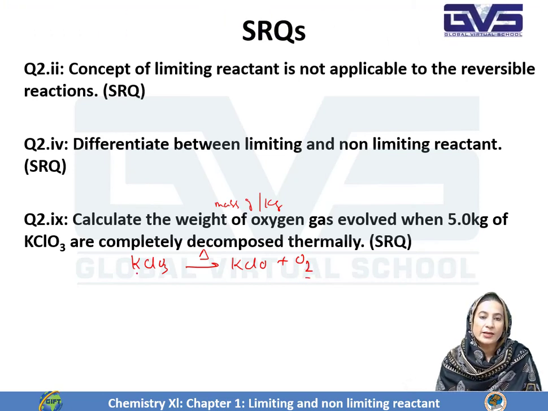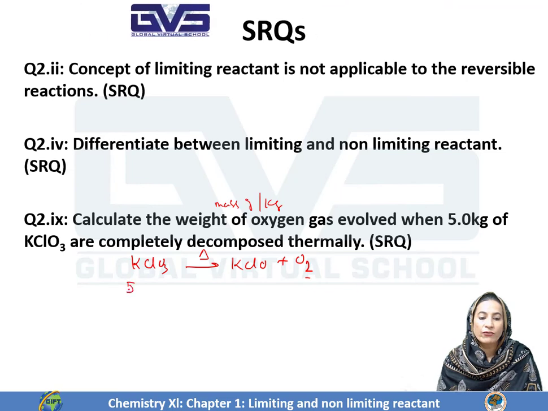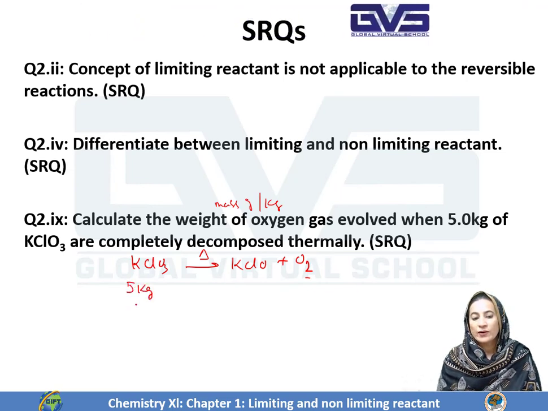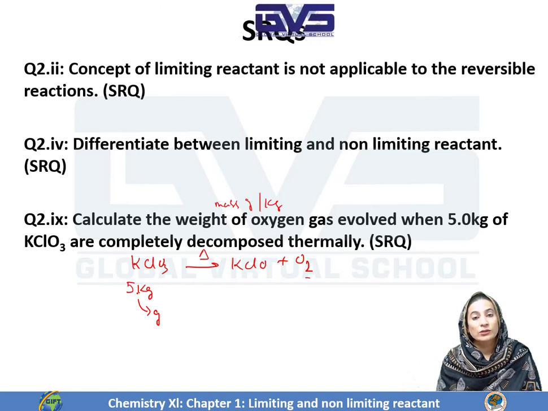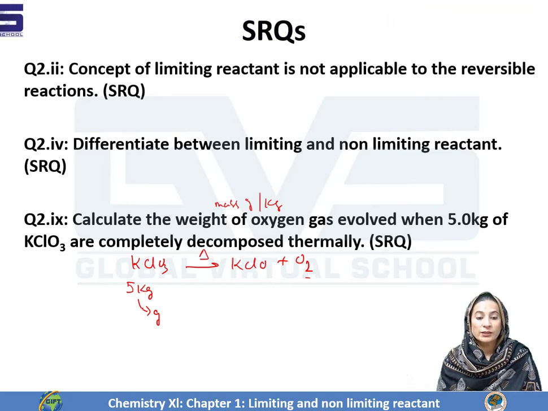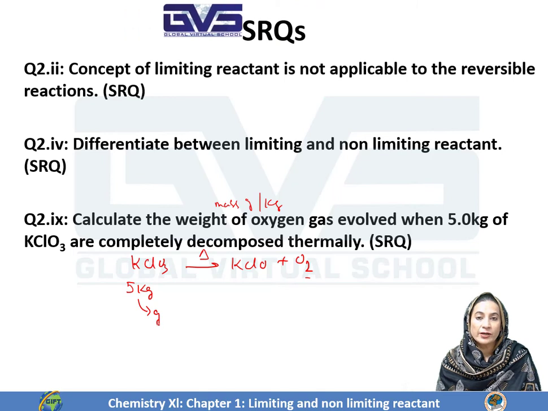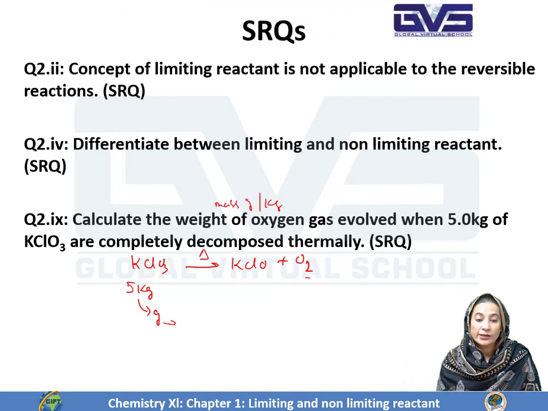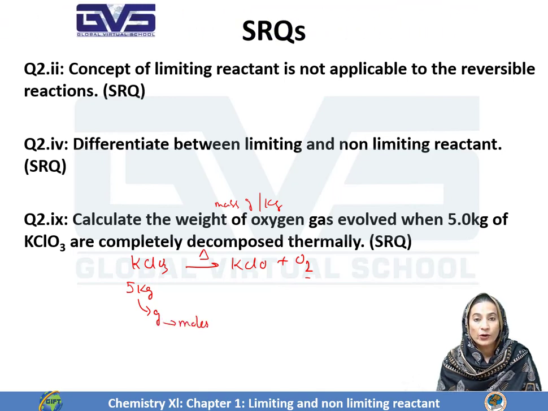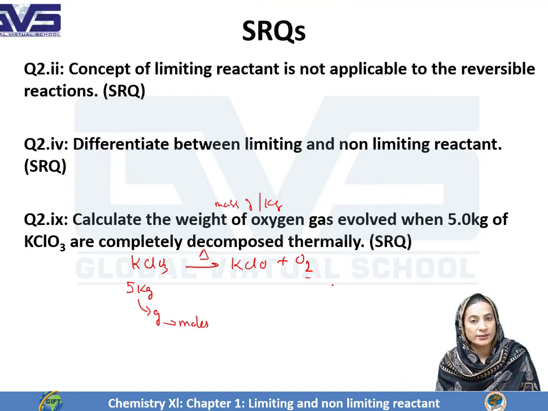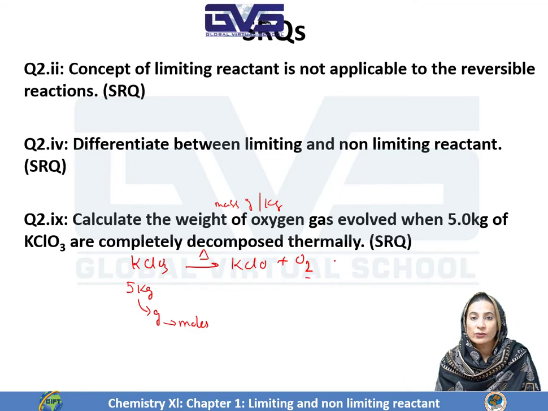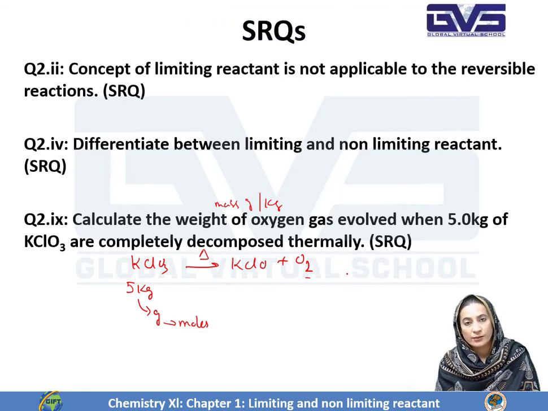You are given the mass of KClO3, that is 5 kilogram. First of all, convert this into gram by multiplying by 1000. Its mass will be converted into gram. Then convert it into moles. This is very important, because with the help of the mole-mole ratio you can calculate easily. With the help of mass you cannot directly calculate the mass of the other reactant or product.